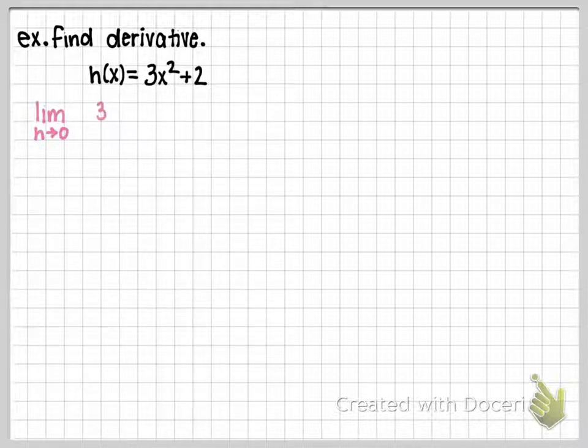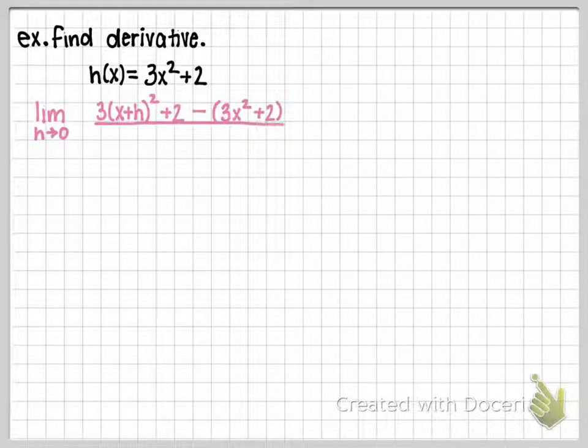So wherever I see an x, I'm going to put x plus h in there. So I have 3 times x plus h squared plus 2. And then we have minus f of x. So we have minus, and then I'm going to put parentheses around that entire function, 3x squared plus 2. And then remember, all of that goes over h.